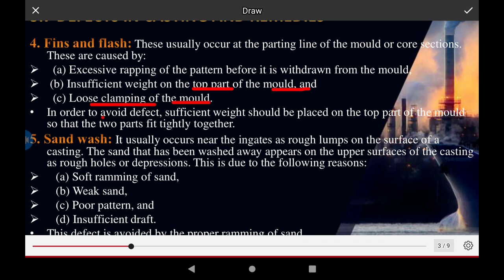In order to avoid the defect, sufficient weight should be placed on the top part of the mold so that the two parts fit tightly together.